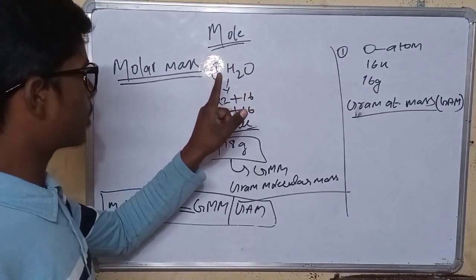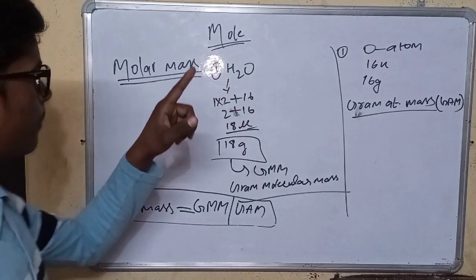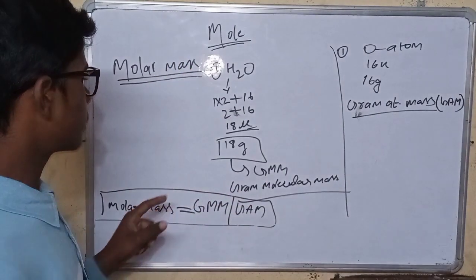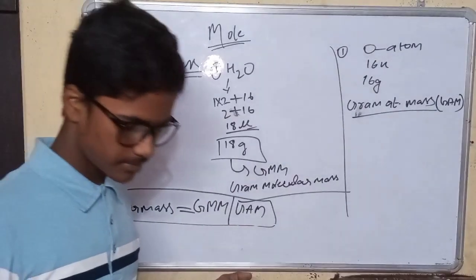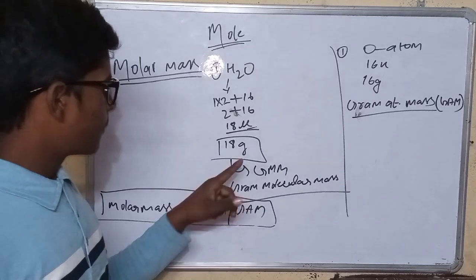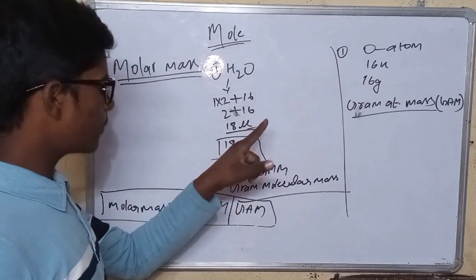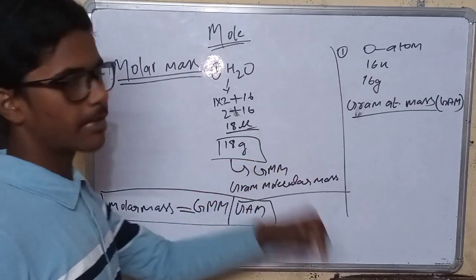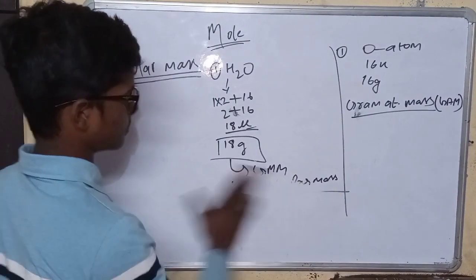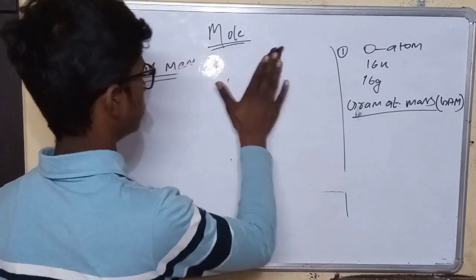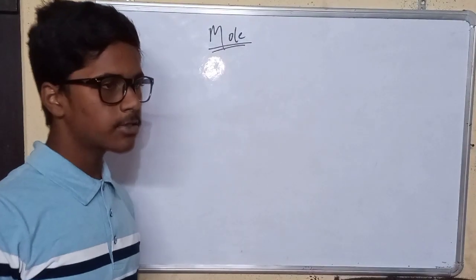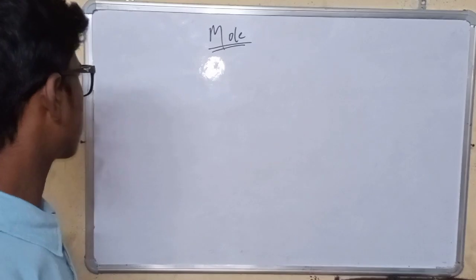If we find the molar mass of molecules, then we write gram molecular mass, changing u to g and writing GMM. Then we try some questions.